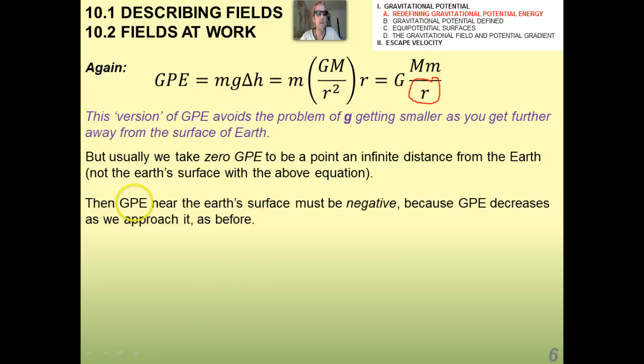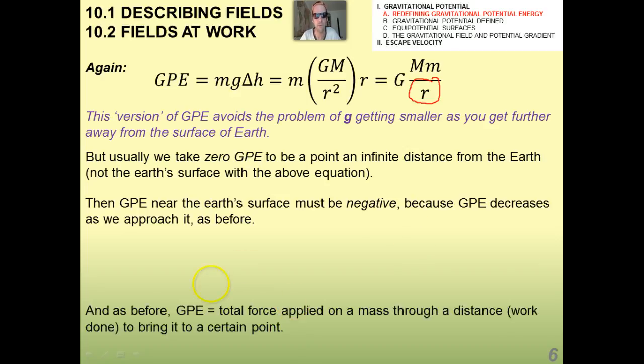Okay? Turns out that we still need to maintain the fact that an object's GPE, as we approach the surface of the Earth, has to get lower, okay, has to decrease. Now, the only way that's going to happen, by defining it to be 0 at infinity, is to make the energy negative as it approaches the surface of the Earth, okay?